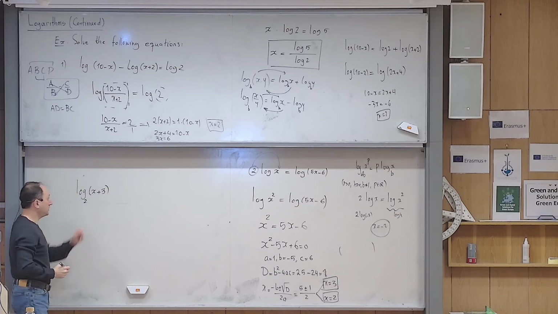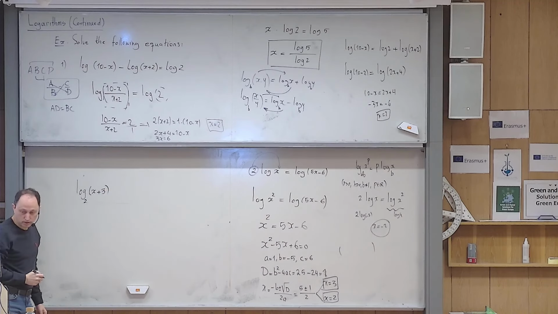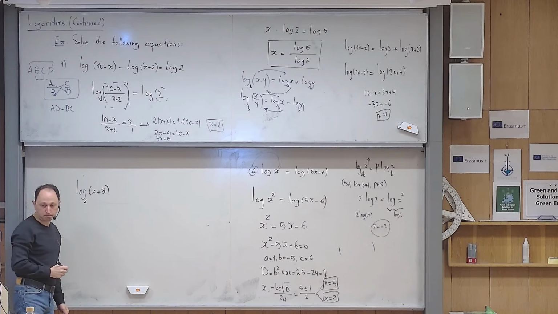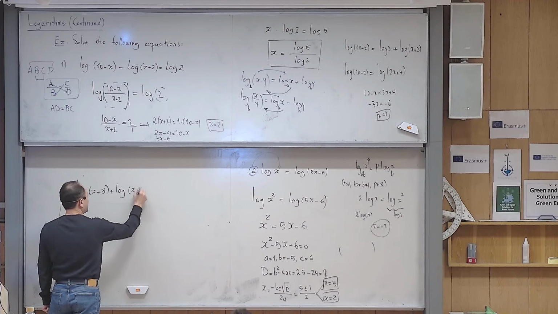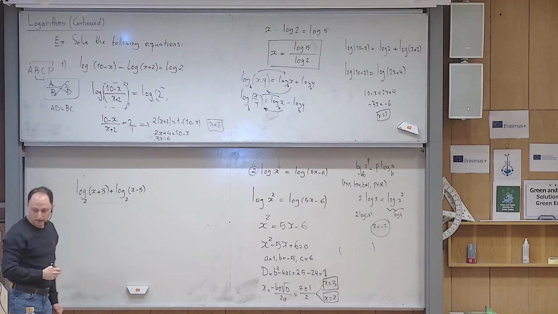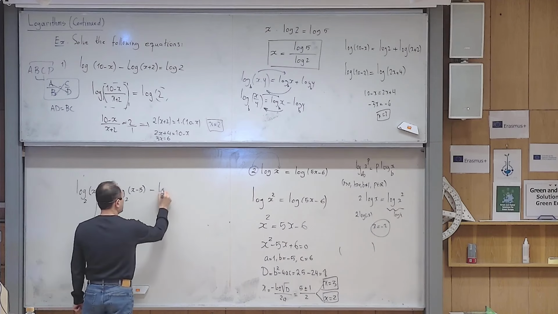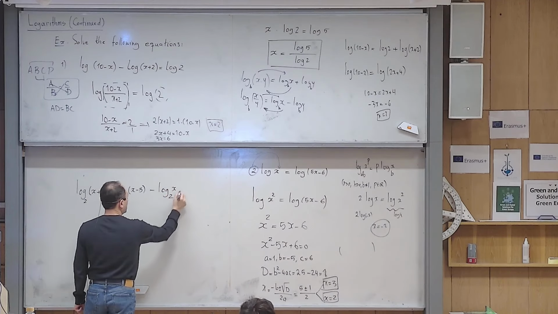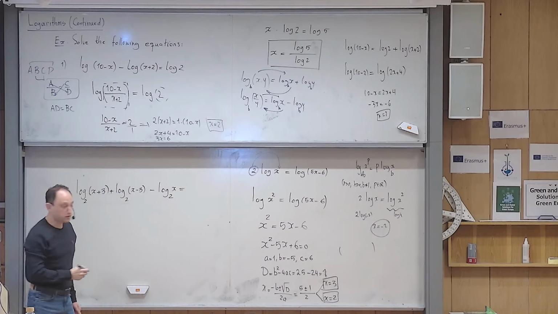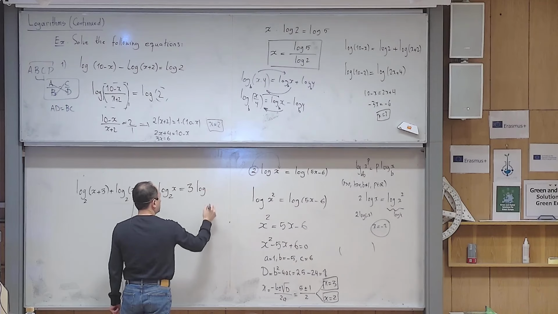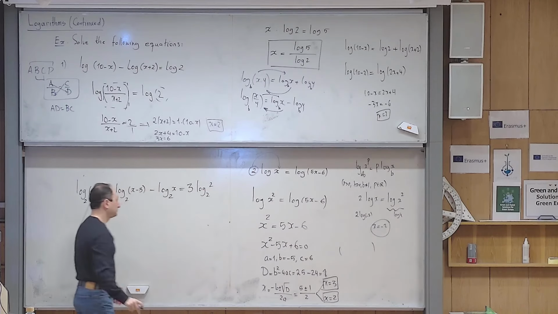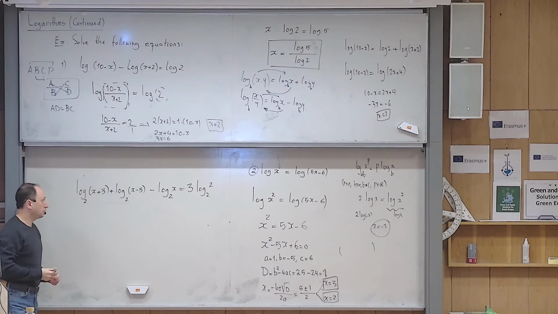So logarithm of x plus 3 to the base 2. I hope that I'm not spoiling the problem. Plus logarithm of x minus 3 to the base 2 again, minus logarithm of x to the base 2 is equal to 3 logarithm of 2 to the base 2. Okay, I will wait for it.